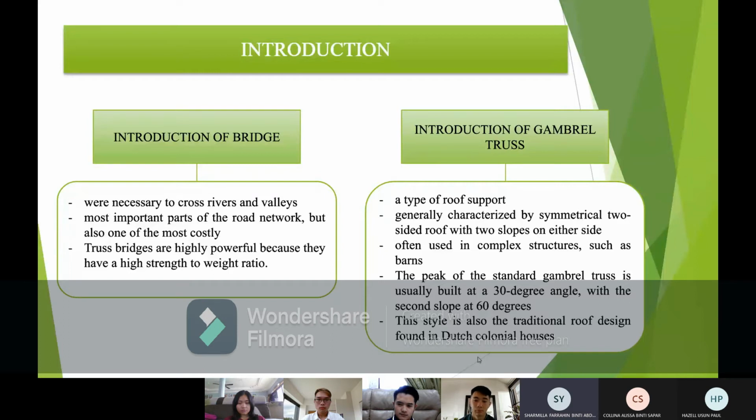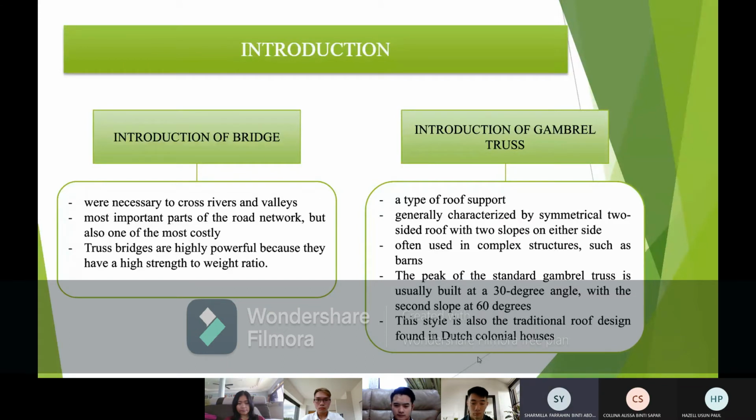For introduction of bridge, it was necessary to cross rivers and valleys, and it is the most important part of the road network, but also one of the most costly. Truss bridges are very powerful because they have a high strength to weight ratio.